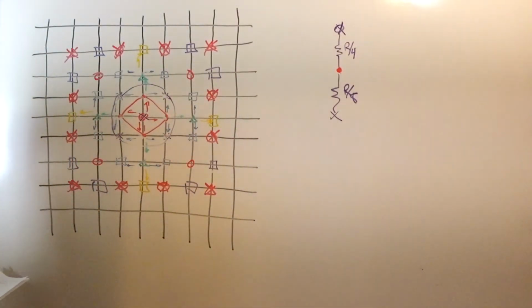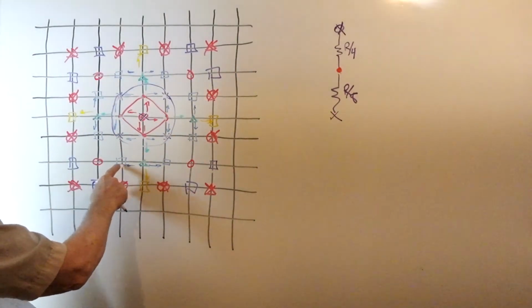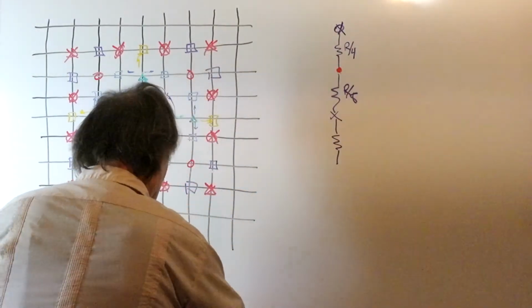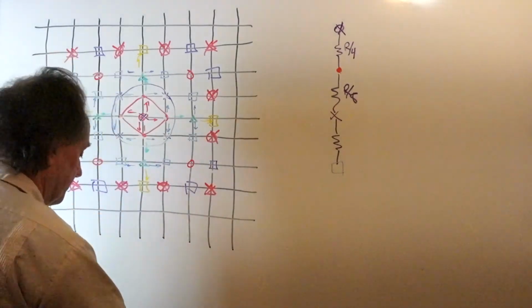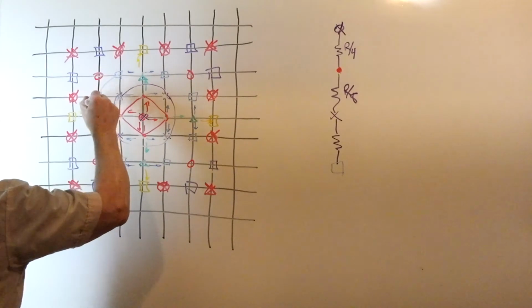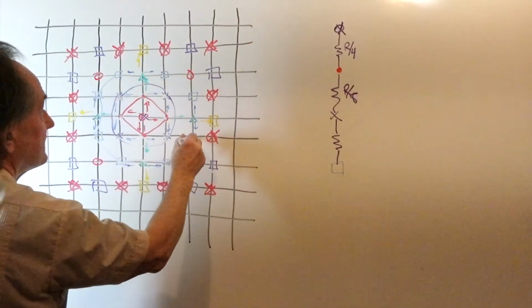Now, let's go from this node to the blue squares and find the equivalent resistance there. So now we're going to the blue square potential. Well, what do we have? We can connect the blues together as one node, since they're all at the same potential.